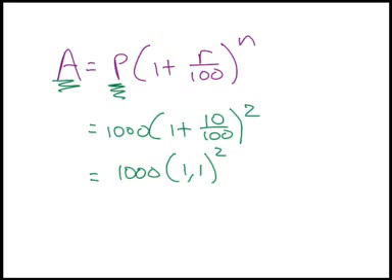Let me just show you what I've done. 1 plus 10 over 100 gives me 1.1, to the power of 2. So what is 1.1 to the power of 2?